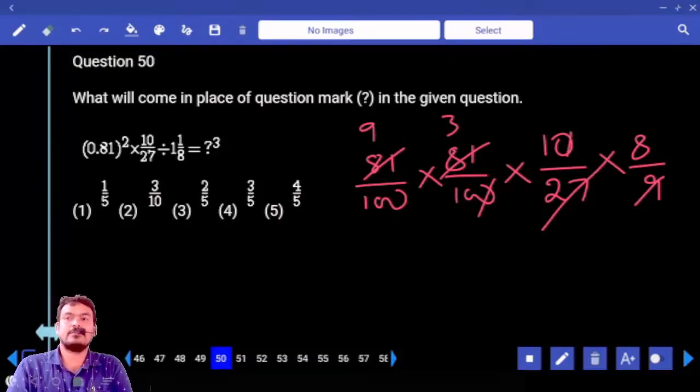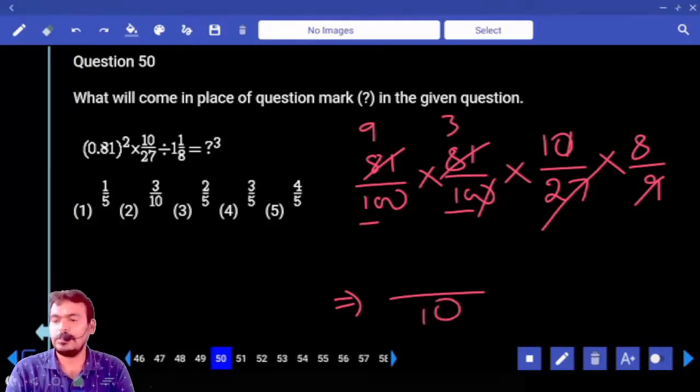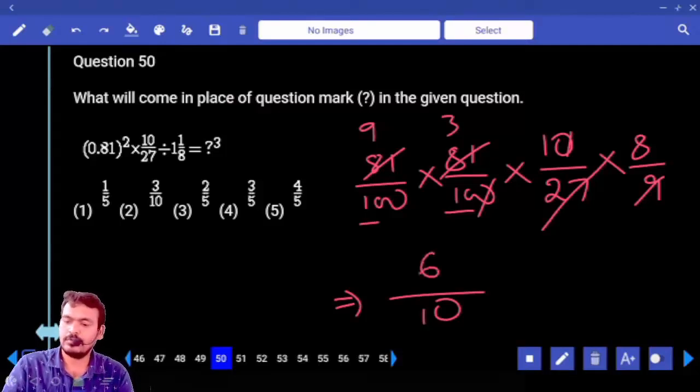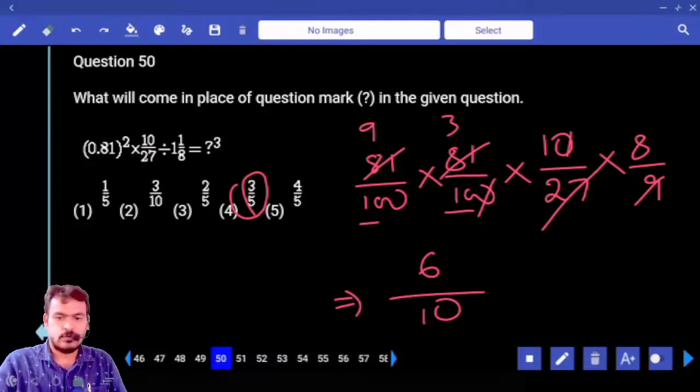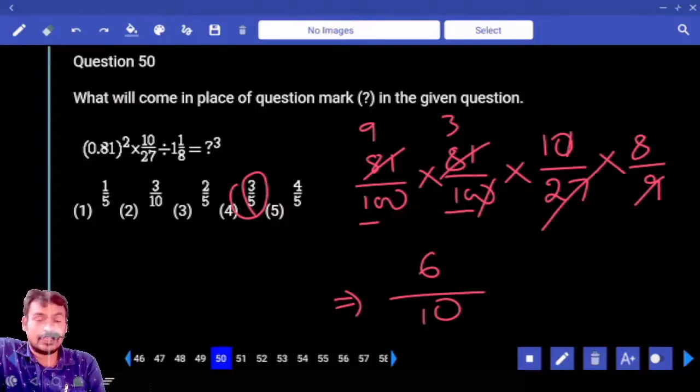Any other cancellations? Denominator 100 into 10 is nothing but 10 cube. Numerator 9 into 3 into 8. 9 3 is 27 into 8, 216. Which cube? 6 cube. 6 by 10 means 3 by 5. What is the right hand side value? Something cube equal to 216 by 1000 means we are getting 6 by 10.